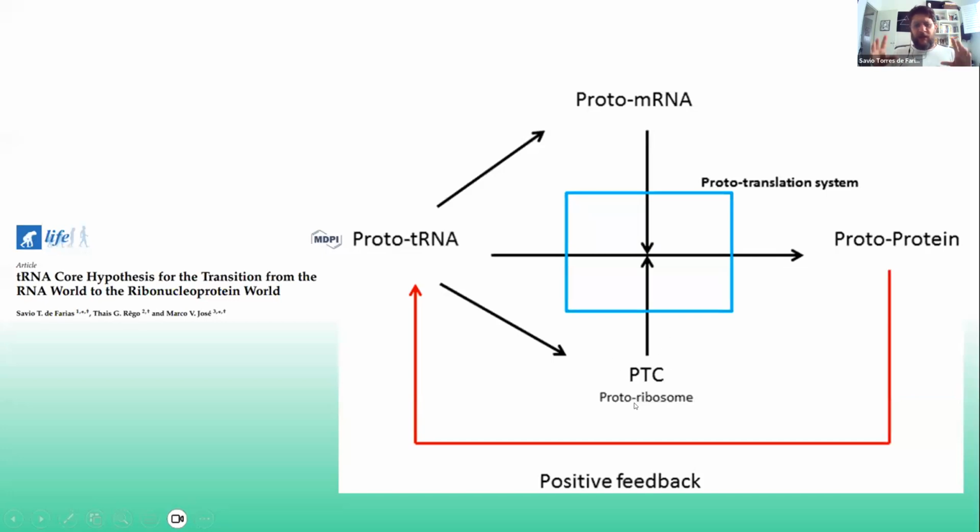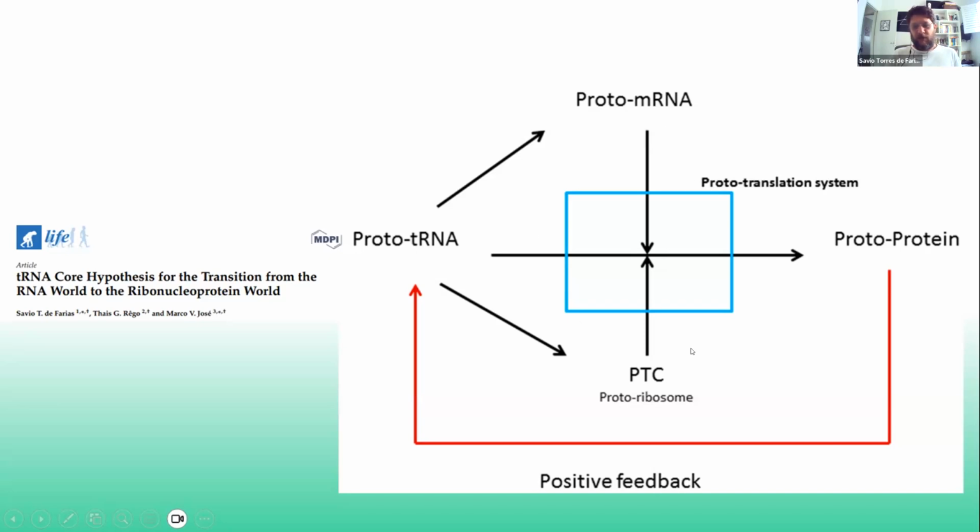The PTC is the part that puts together one amino acid and other amino acids by a peptide bond. And we also proposed that the tRNAs gave origin to the proto-mRNAs. With this, a proto-translation system was formed and started the production of the proto-proteins, and these proto-proteins initially went back to the system to stabilize these RNA molecules.